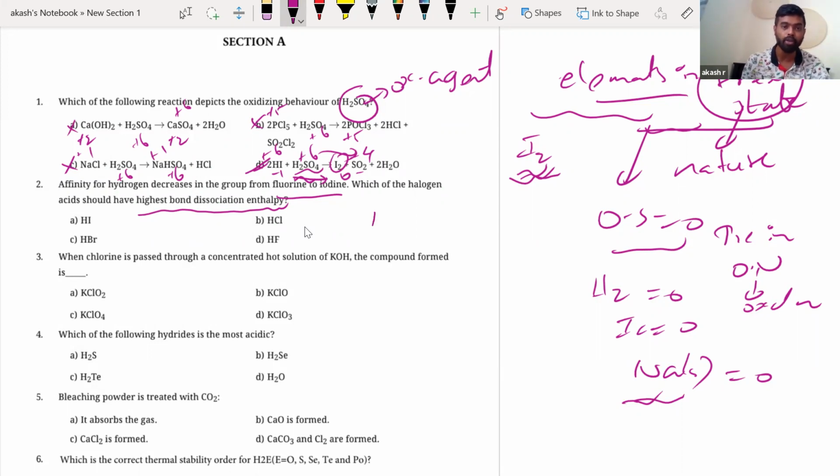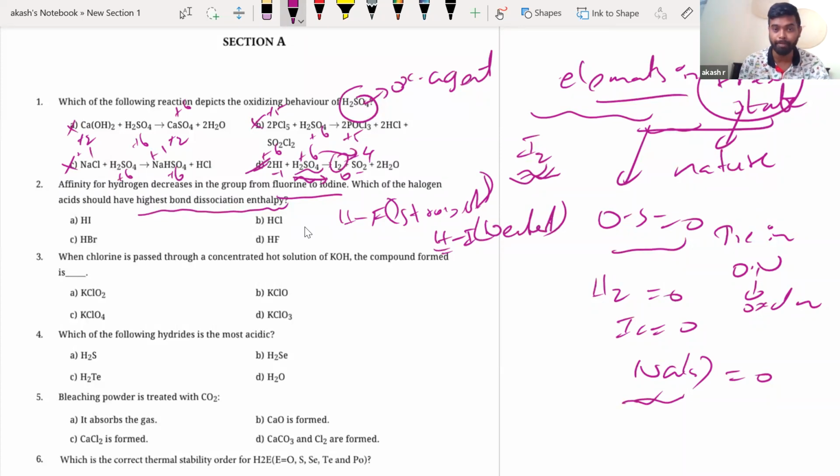That is, fluorine has the highest affinity for hydrogen. So if I have an HF bond, that would be the strongest bond. And if I have HI down the group, the affinity for hydrogen decreases, so HI will be the weakest bond. So the stronger bond will have higher bond dissociation enthalpy. So the answer to this question is HF.